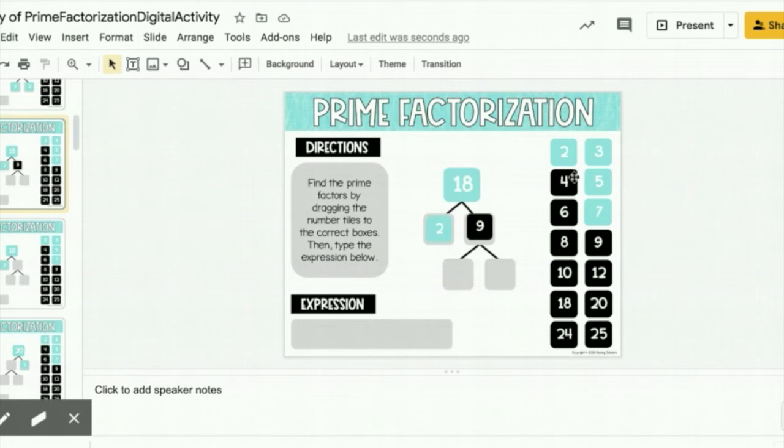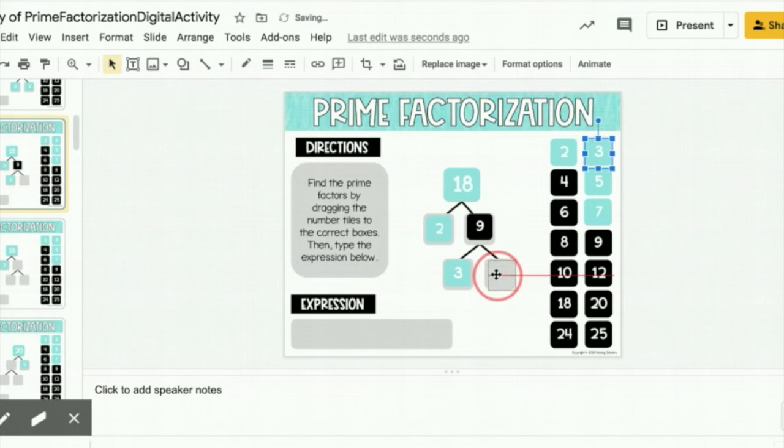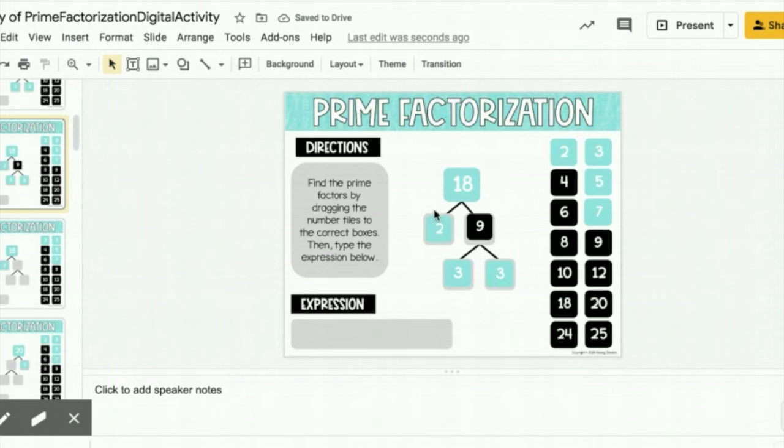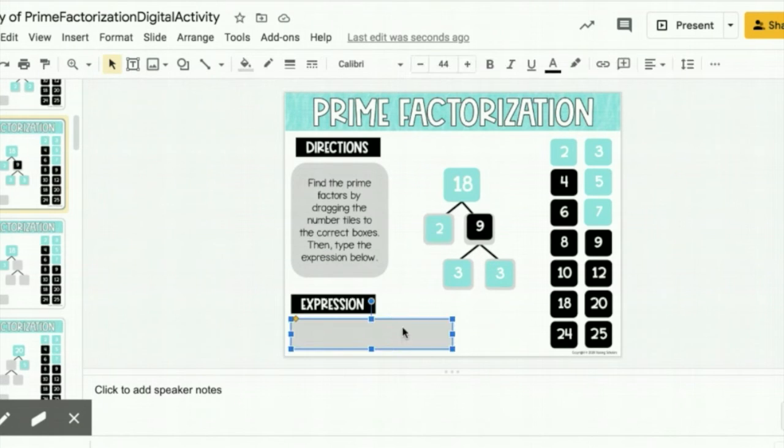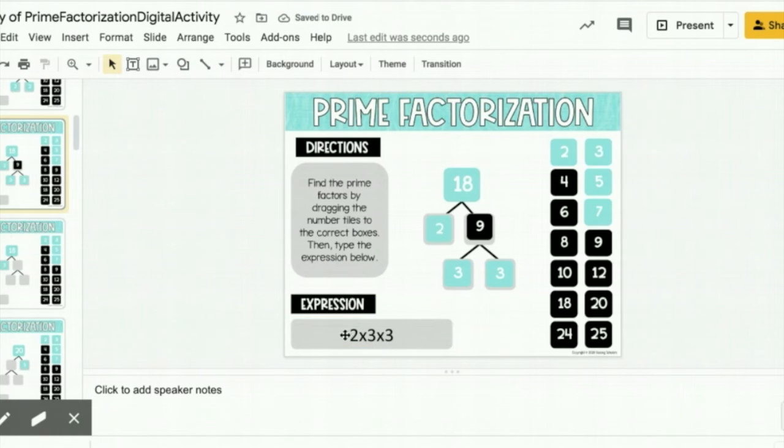Well, what times what is 9? I know that 3 times 3 is 9. And I'm done. I'm left with only prime numbers. I've got 2, 3, and 3. So my prime factorization would be 2 times 3 times 3. Double check my work. I can multiply them back together. 2 times 3 is 6. 6 times 3 is 18.